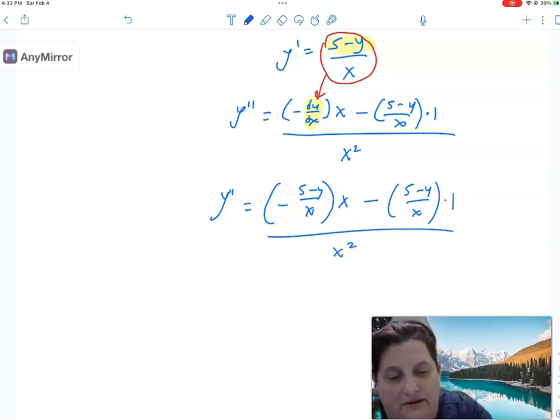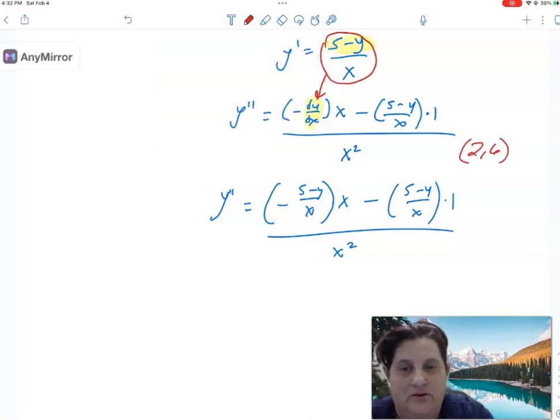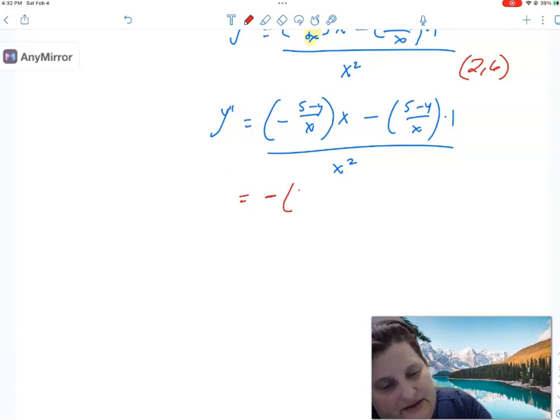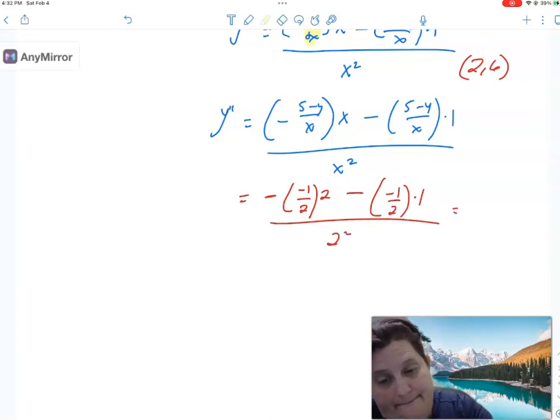Now, I want to plug in the point 2, 6. So I'm going to plug in x is 2, y is 6. So let's see how ugly this is. Negative (5 minus 6), that's negative 1 over 2, times 2, minus negative 1 over 2 times 1 over 2 squared. Okay, my goodness.